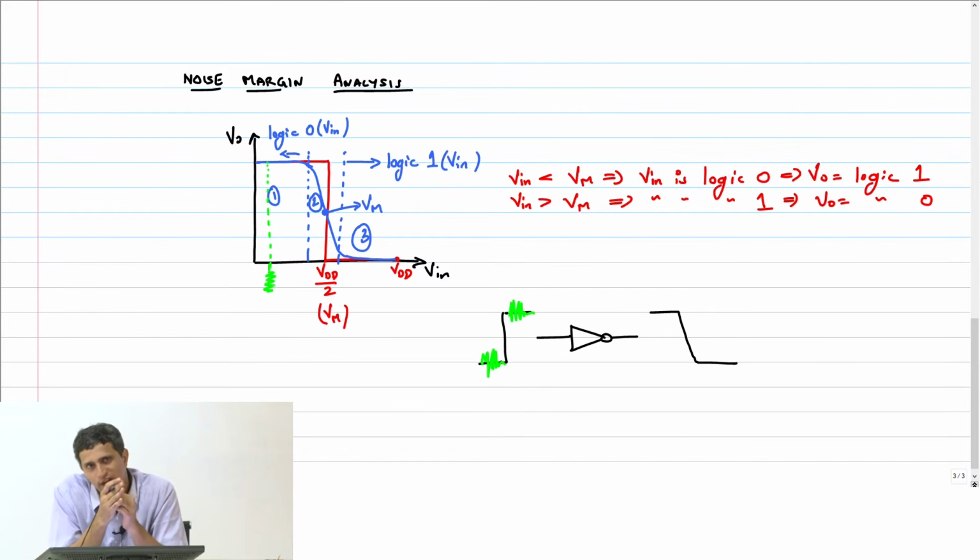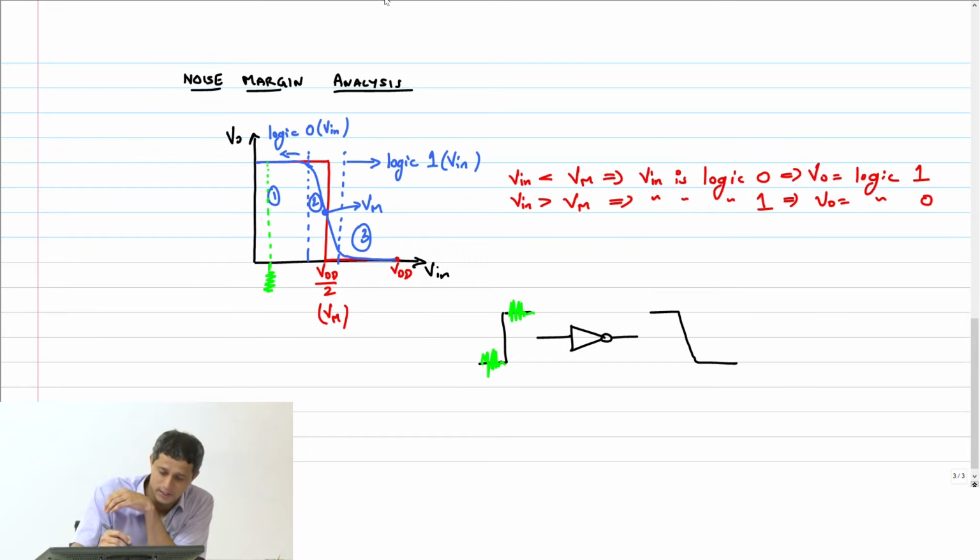Whatever you do, we are getting the same output. What does that mean mathematically? Vout, so delta Vout by delta Vin is 0. That means the derivative is 0, which means the gain at that point is basically 0.